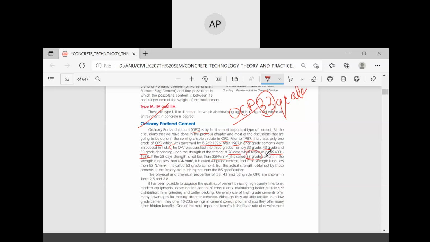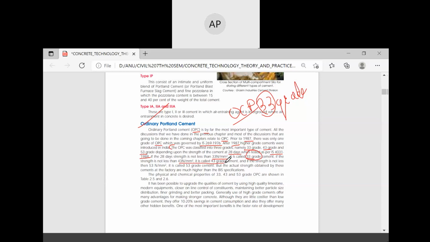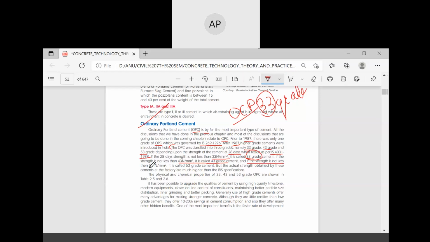And 43 grade cement has a strength not less than 43 Newton per mm square. And if the strength is not less than 53 Newton per mm square, it is called 53 grade cement. But the actual strength obtained by these cements at a factory is much higher than the BIS specification. BIS means Bureau of Indian Standards specification.